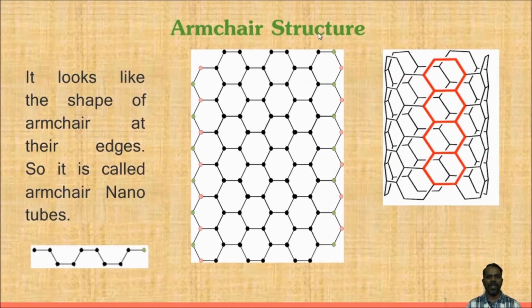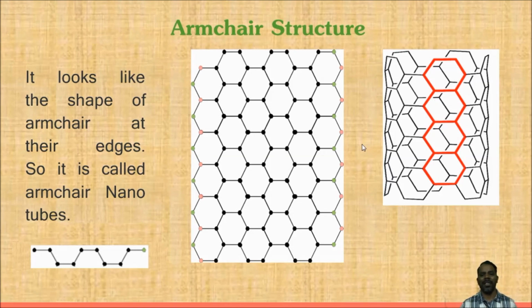In the armchair case, the edges look like the shape of an armchair, so this is called the armchair structure. In this case, the hexagon is parallel to the axis of the carbon nanotube.